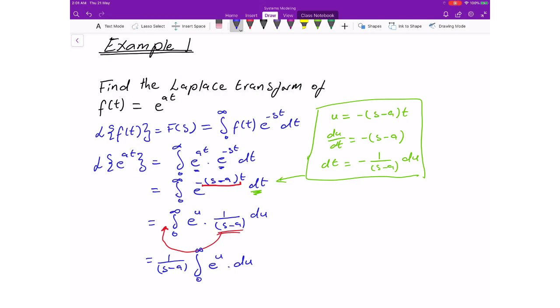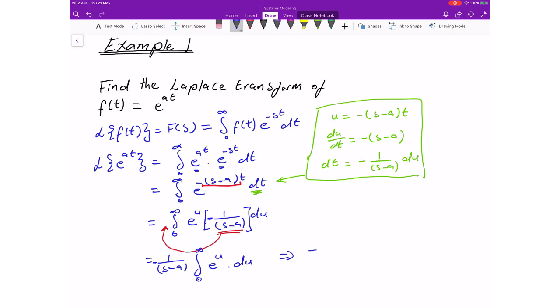Now we are ready for evaluation. So the integral and the du need to disappear so that we can evaluate this. Oh, I forgot the minus here, and the minus here as well. Let me just put that into the brackets. Where else did I miss the minus? Okay, I think everything is fine.